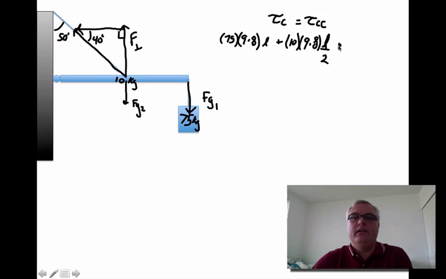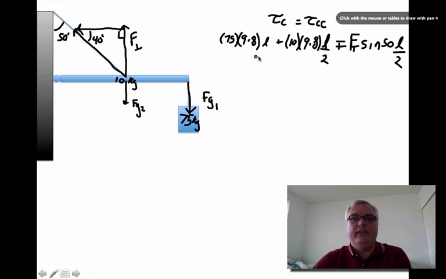And those two are being supported by the force of tension, but only the perpendicular component. So I'm going to add in Ft times sine of 50. And again, that tension force acts halfway along the length.